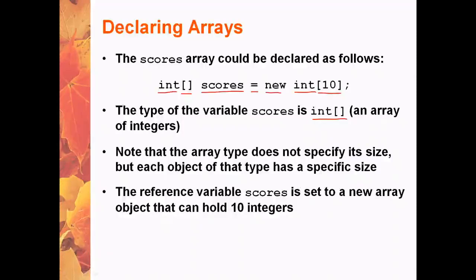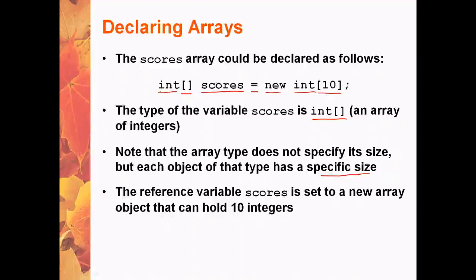Note that the array type does not specify its size, but each object of that type has a specific size. So every element which you store inside the array has a specific size, and that size depends on the type of your array.